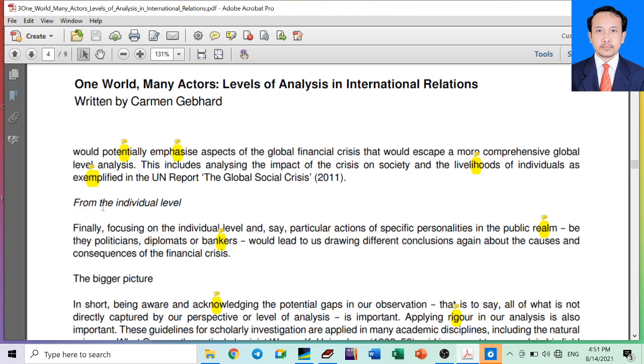Okay, at the next level, from the individual level, this is the third part.